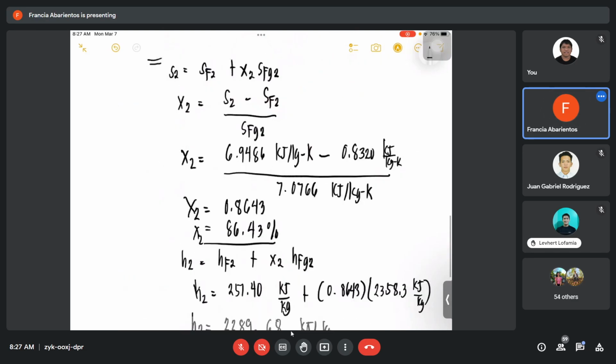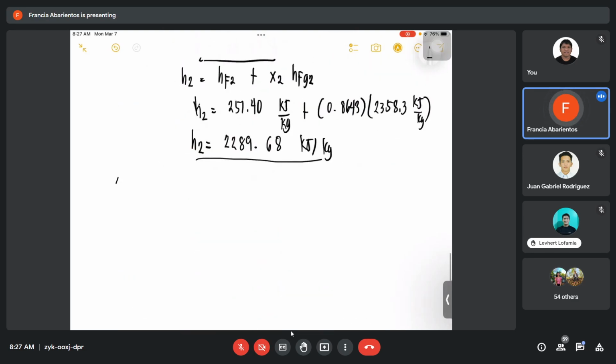Okay? So that is always the assumption at state 3, leaving the condenser, entering the pump. Saturated liquid is always our assumption.